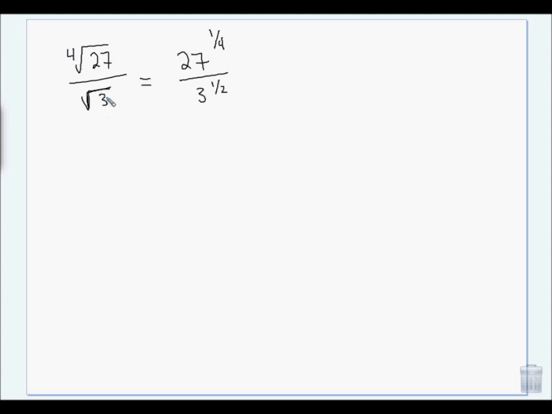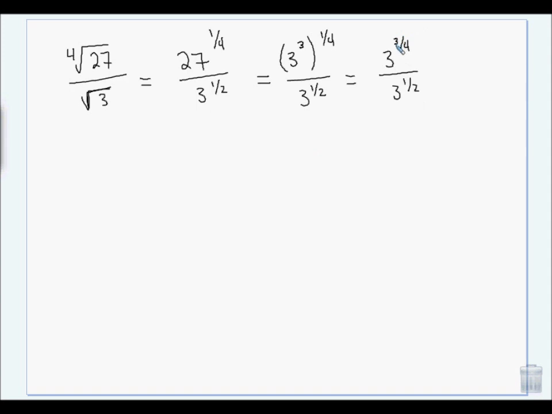So when that happens, now 27, I have this 3 here. I want to put this in terms of 3. And 27 is 3 to the 3rd. And that's to the 1/4. Okay. And the reason I want to do that is because now I'm going to have a common base. So this is 3 to the 3/4 over 3 to the 1/2.